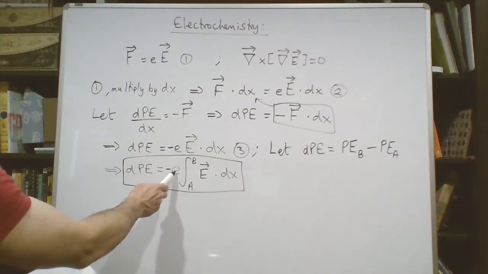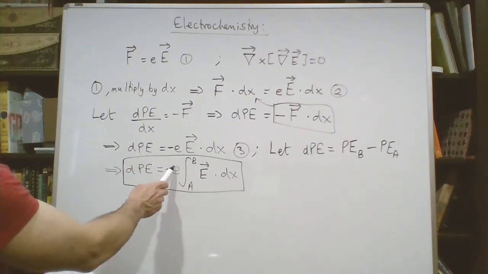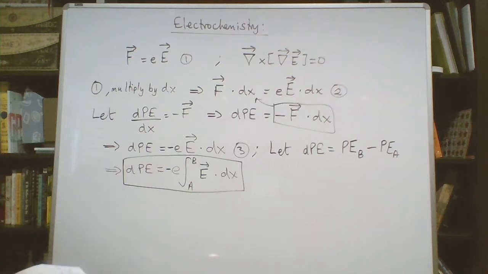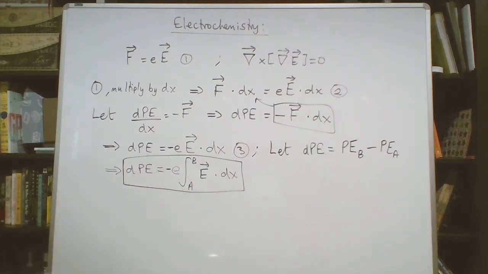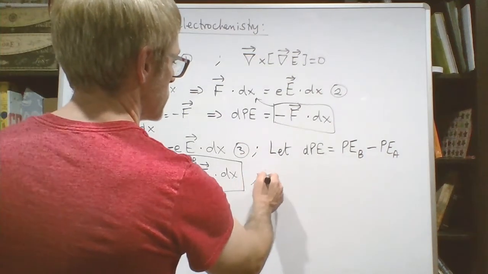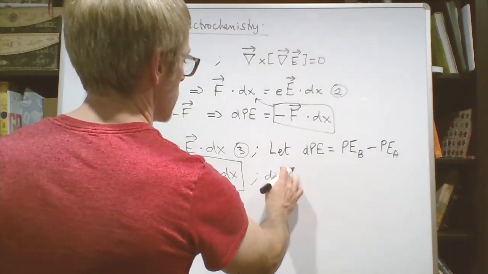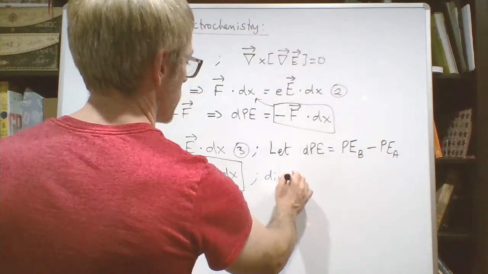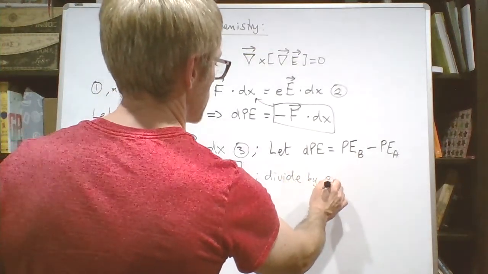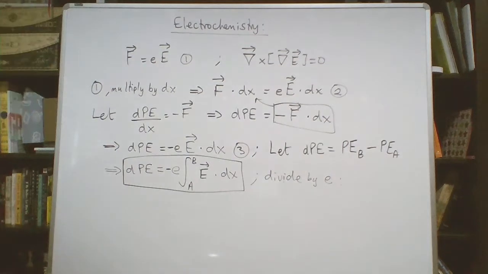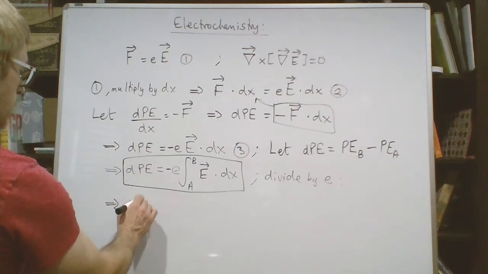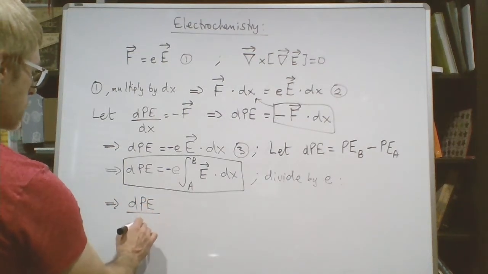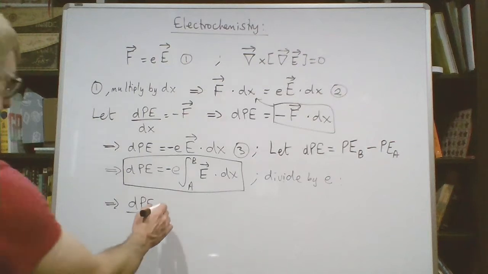Initially though, I want to bring this E down here. So I've got this constant E down here. I'm going to essentially divide both sides of this expression by the charge. So if I divide by that constant E, so not the negative E, just by E, then I've got the change in potential energy divided by the electric charge.